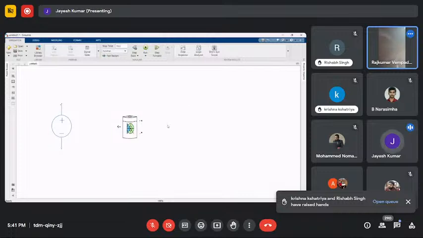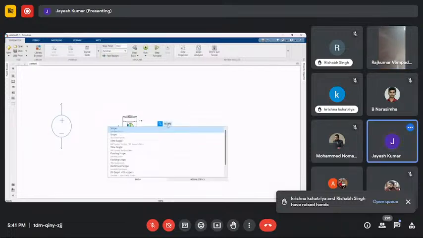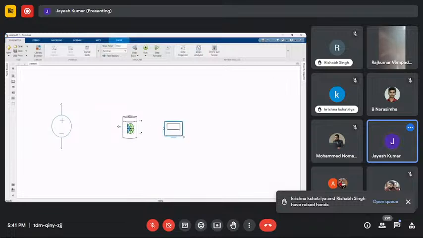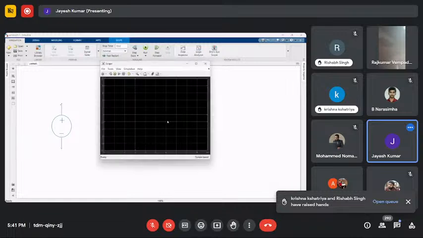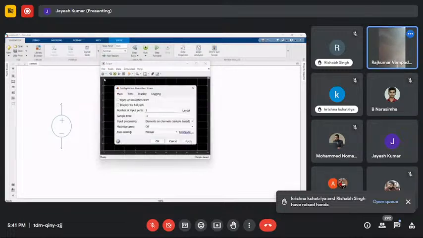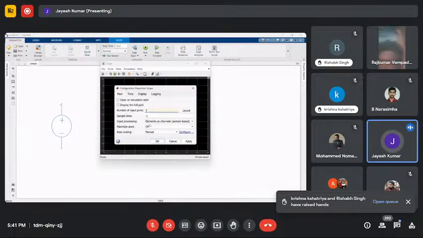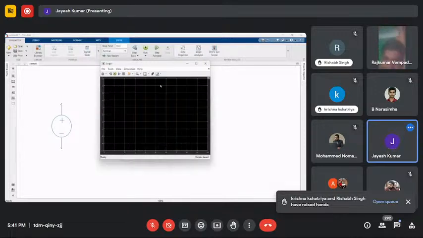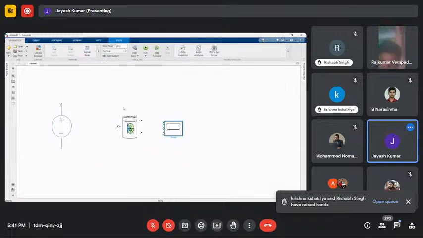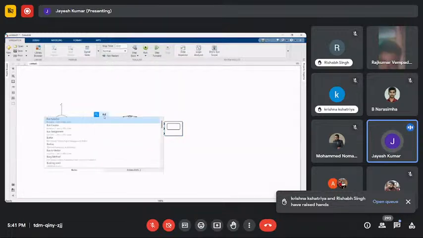I will show you the signal response. There are 3 signals. You need a bus selector.